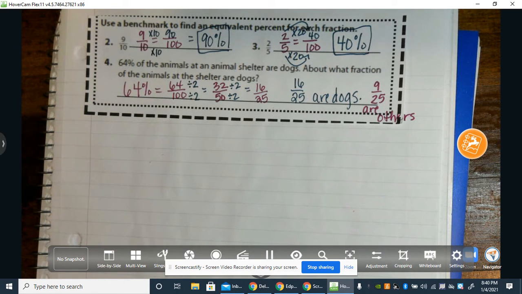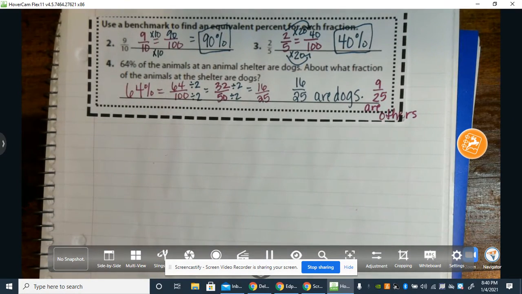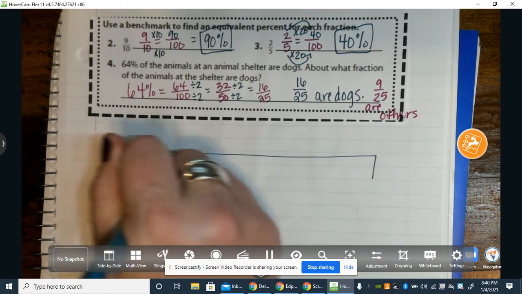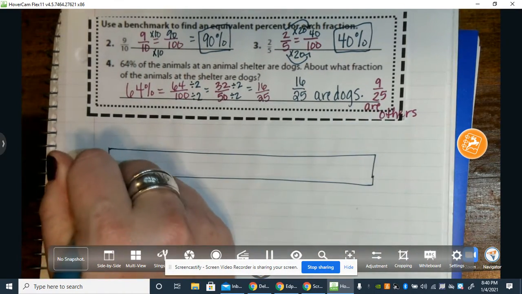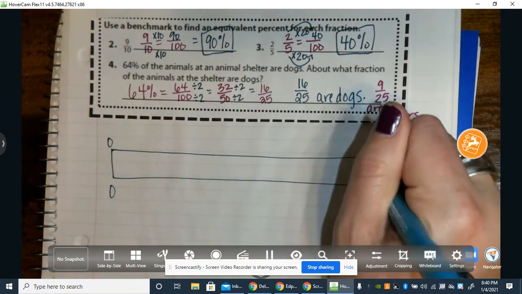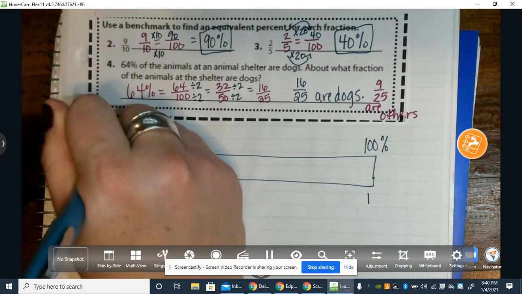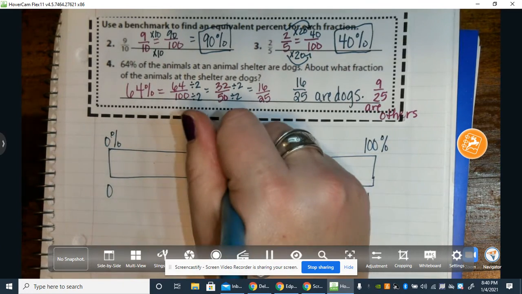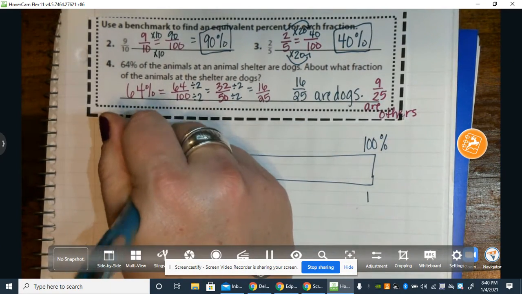Okay. So I want to look real quick at showing how to represent these fractions with models. You may see a strip model like this, and it's labeled 0 to 1 or 0 to 100%. I'm going to split it in half, and split each half into half.